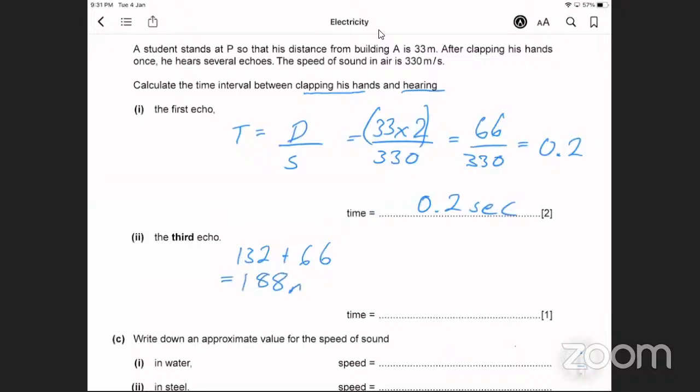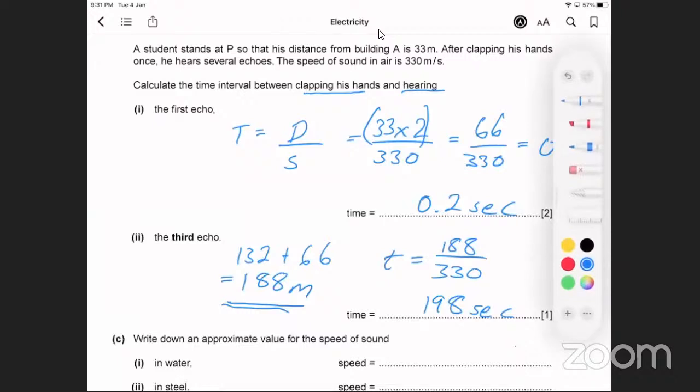198 meters. So for that third echo, the sound is traveling 198 meters. That's the distance it's traveling. So the time it will take will be 198 divided by 330. So what is the answer? 198 seconds, right? No, the distance is 198.